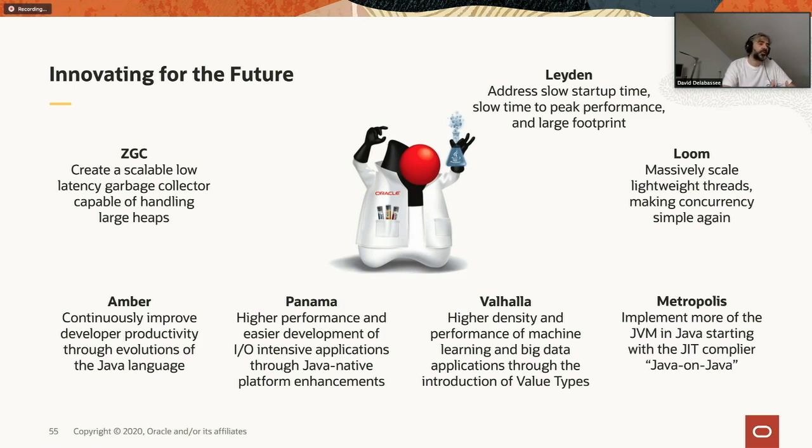Clearly, this is just the early days of Leiden. We have just started to gather interest around that project, but we think that over time this is something that will be important. So basically, bring the capabilities that we have with native VMs directly into the Java platform.